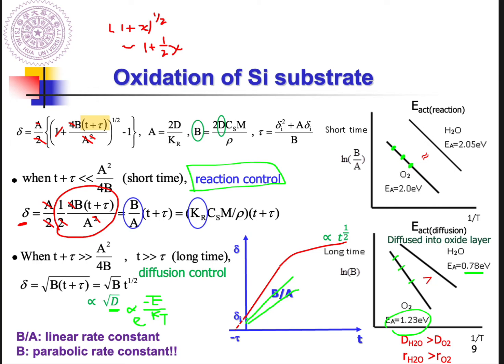But for longer time, which is diffusion control, it involves which molecule diffuses into the oxide layer faster. So water vapor diffuses into the oxide layer with a lower energy barrier, and that means it will diffuse faster. So that will result in a higher growth rate of the oxide layer on the silicon substrate using the wet method.